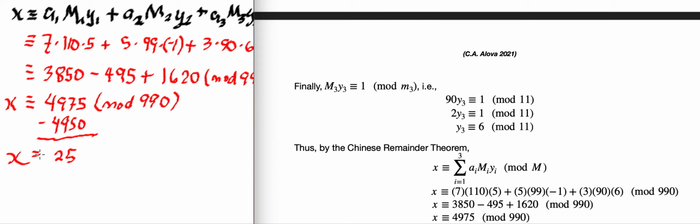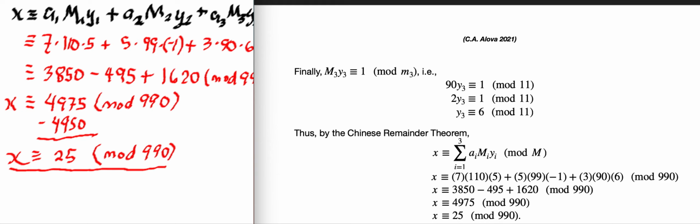Our unique solution modulo, x, is congruent to 25 mod 990. Okay, and this is our answer for the poem above. So therefore, your x is congruent to 25 mod 990.